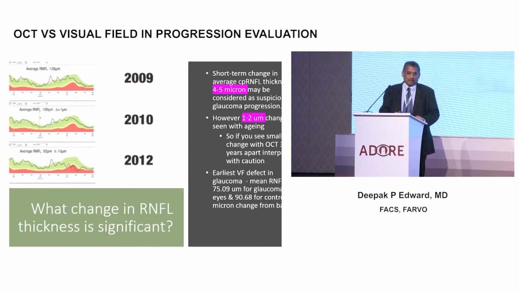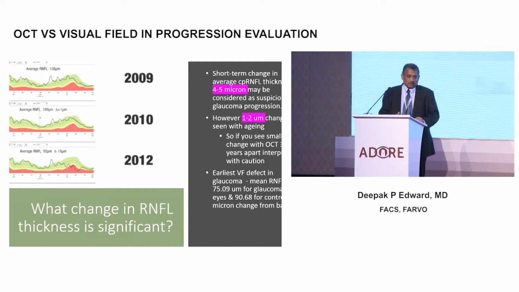However, one must keep in mind that on a yearly basis, we lose something like 1 micron or 2 micron thickness due to an aging process. So the pearl here is, if you see small changes in OCT within 3 to 4 years, interpret it with caution. Large changes are needed really to make sure that this is a real defect.